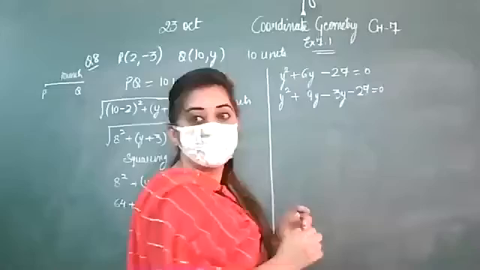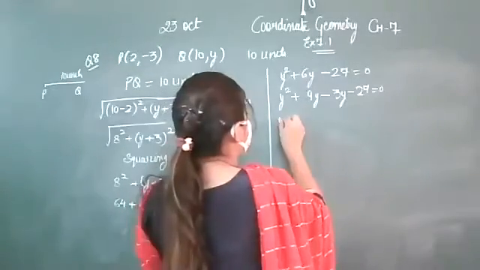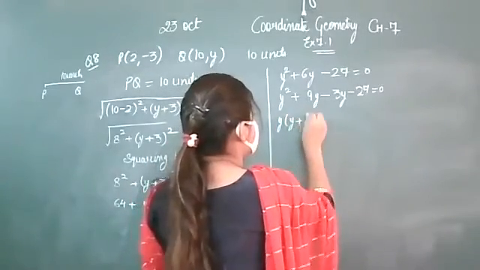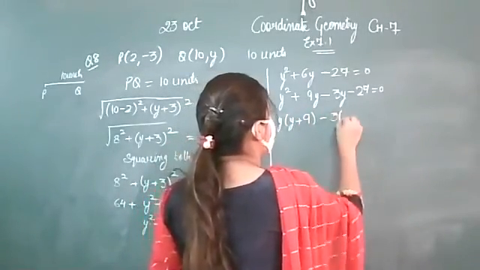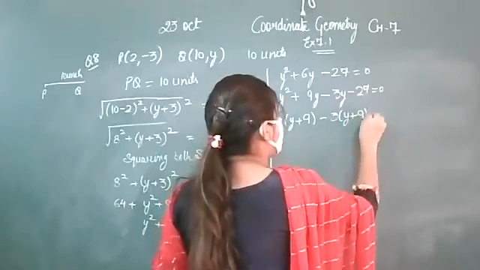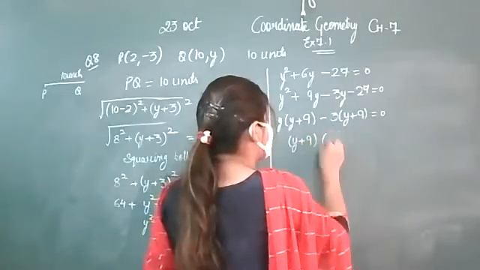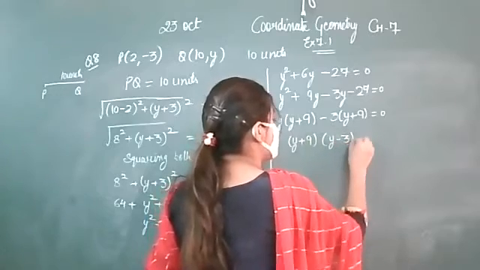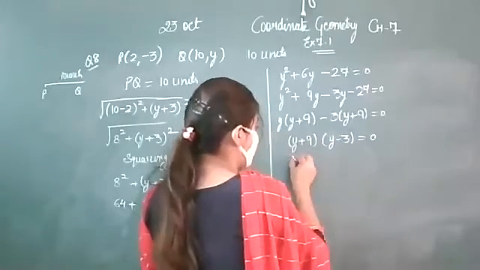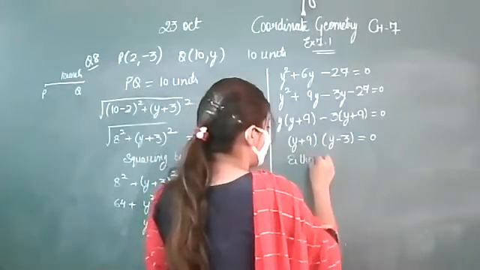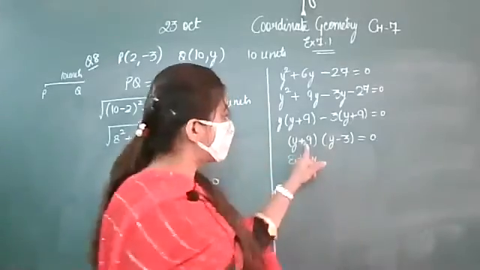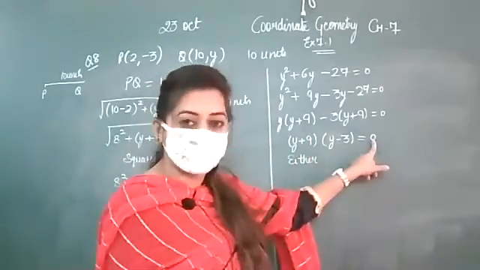Any doubt? Now take y common. y plus 9, minus 3 common, y plus 9 equal to 0. So this is your (y plus 9)(y minus 3) equal to 0. So either, beta, the product of these two terms is 0.